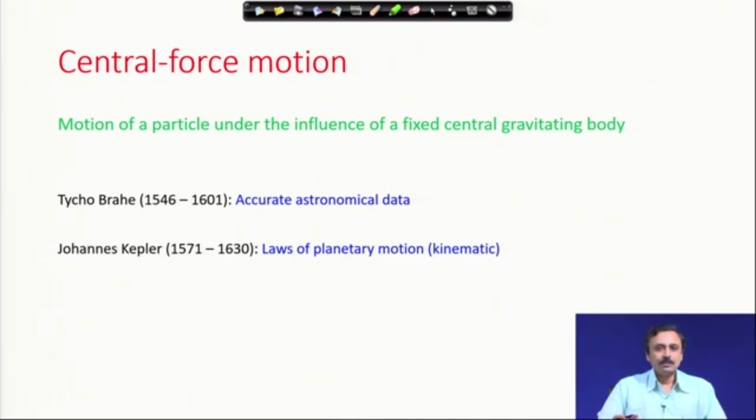He did not very easily share this data with Johannes Kepler, but after Tycho Brahe's death in 1601, Johannes Kepler being his assistant, he inherited this data, and from these very accurate observations of Brahe, Kepler observed some regularities in the motion of planets, which he could formulate as his 3 laws.